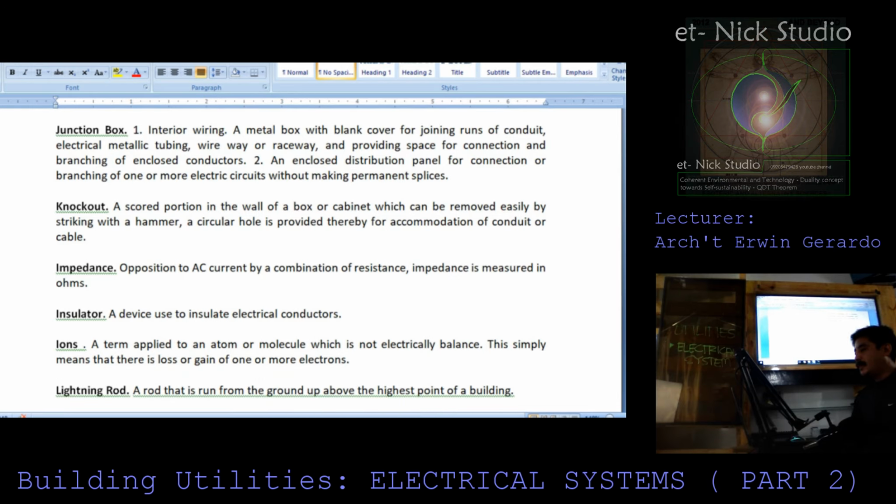Junction box. Number 1, interior wiring: a metal box with blank cover for joining runs of conduit, electric metallic tubing, wireway or raceway, and providing space for connection and branching of enclosed conductors.